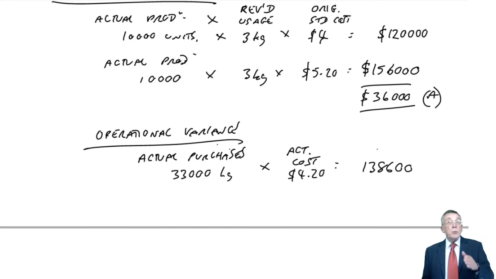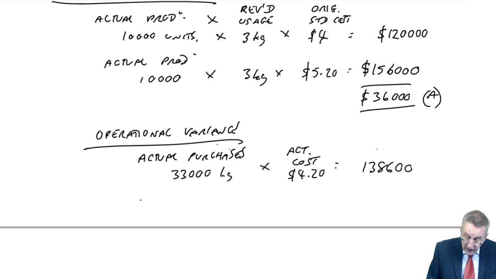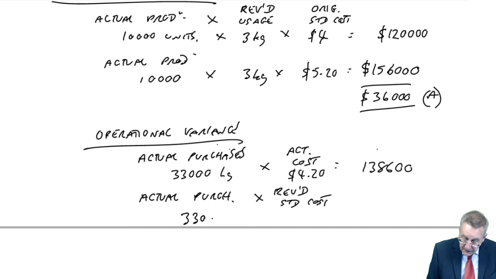And we compare that with what we should have spent, but using the revised standard. So actual purchases at revised standard cost, 33,000 kilos, $5.20.